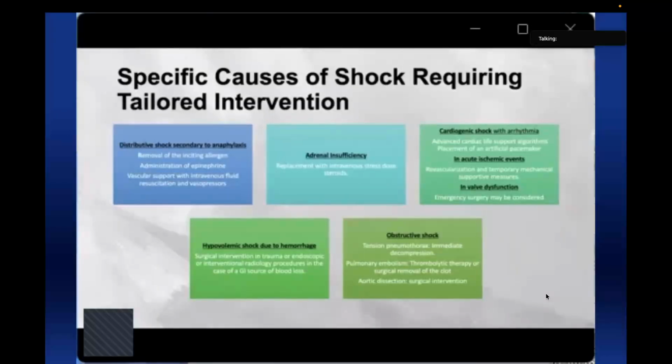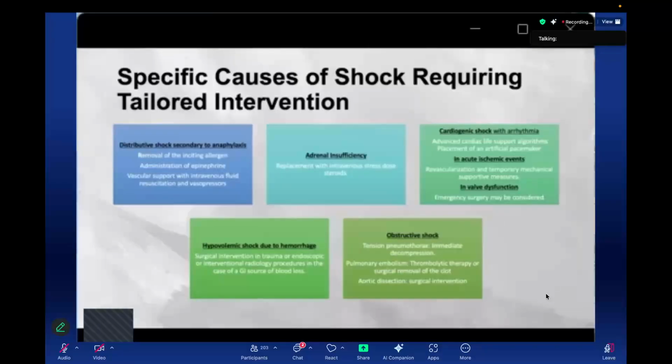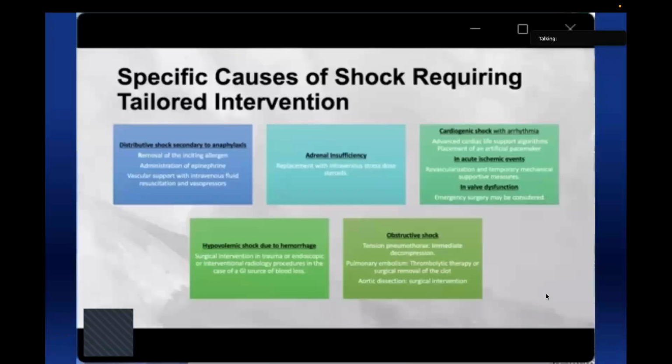And also, if you have hypovolemic shock due to hemorrhage, surgical intervention in trauma, or endoscopic or interventional radiology procedures in the case of a GI source of blood loss. Obstructive shock, like tension pneumothorax, you have to do immediate decompression.